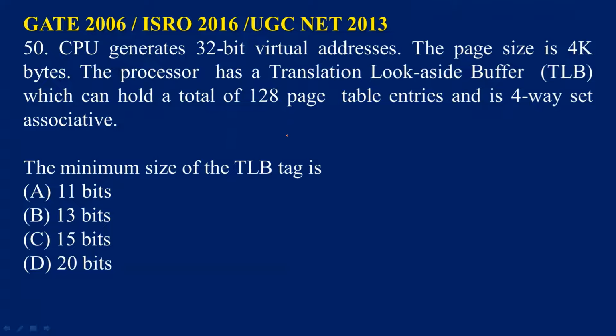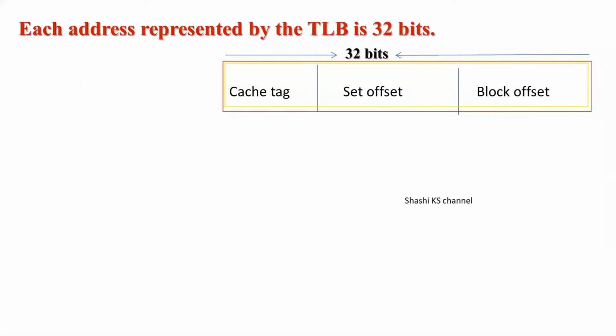That means the address can also be represented as 32 bits. And they say the translation look aside buffer can store 128 page table entries. They are asking the size of the cache tag.